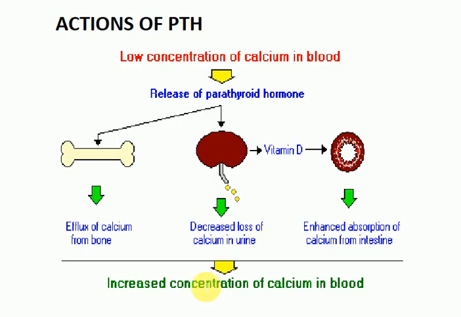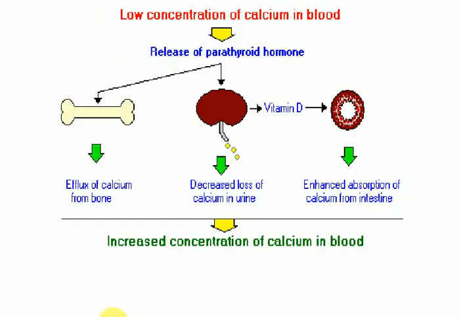So these are the three mechanisms: acting on the bone, increasing the resorption; acting on the distal tubule of the kidney, decreasing the loss of calcium in the urine and increasing the reabsorption of calcium; then acting on the intestine through vitamin D and enhancing the absorption of calcium from the intestine, resulting in increased concentration of calcium in the blood.